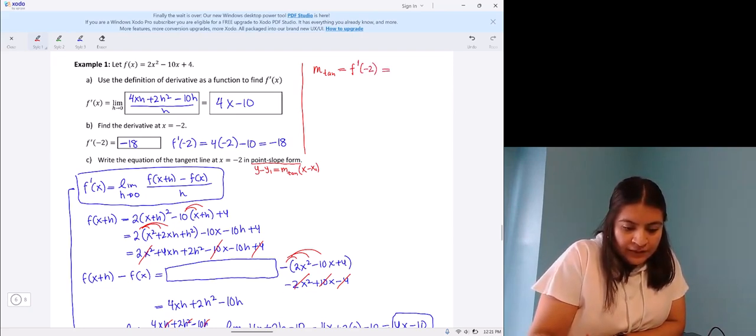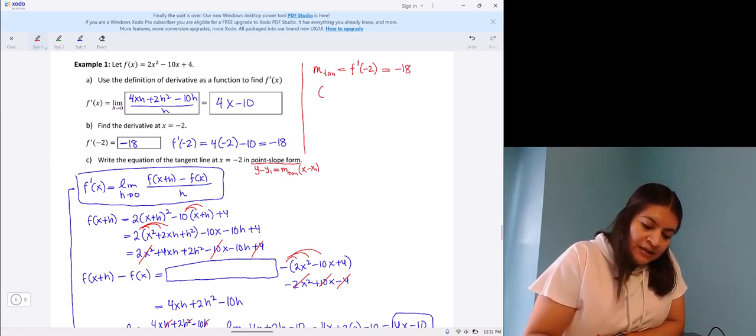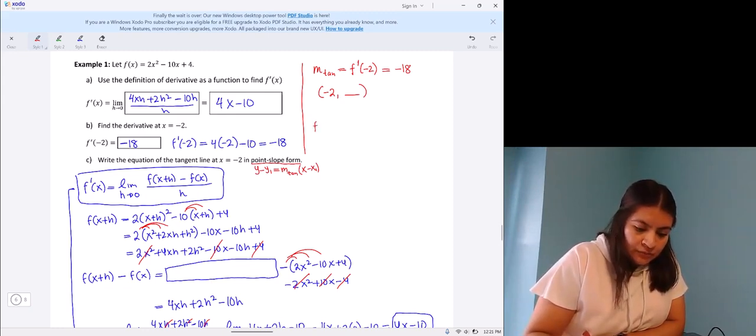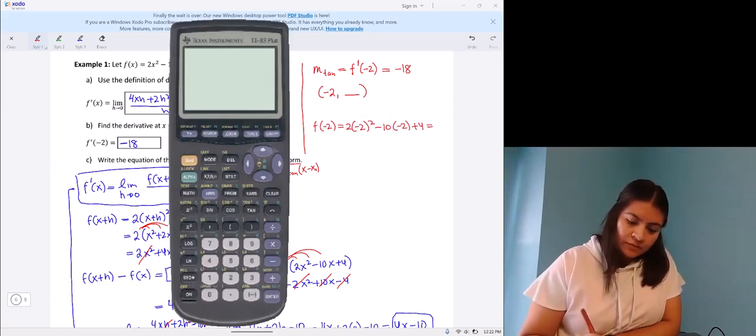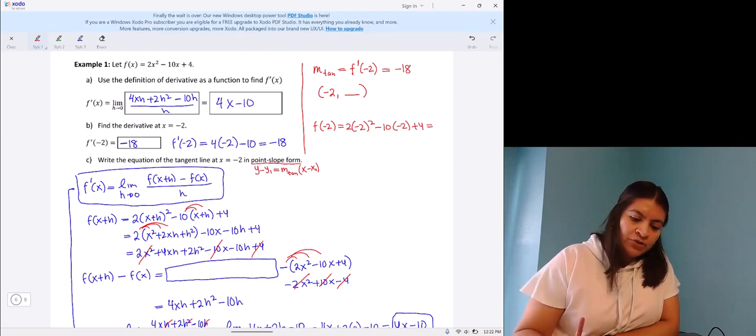And we found that that is negative 18. The point of interest is negative 2 comma something. So we need to go back to the original function and plug in that negative 2 to find the y. So 2 times negative 2 to the second power minus 10 times negative 2 plus 4. So when x is negative 2, the y is 32.